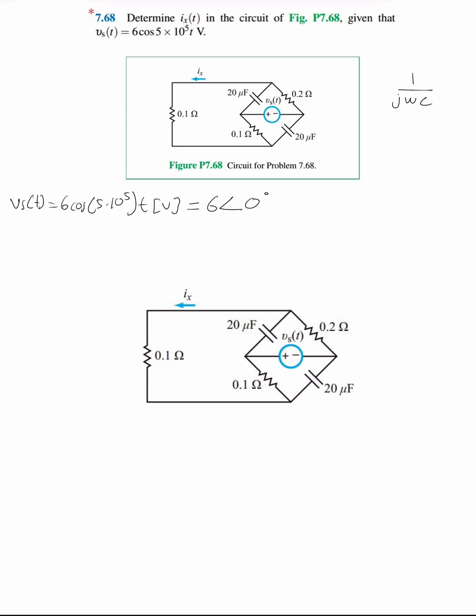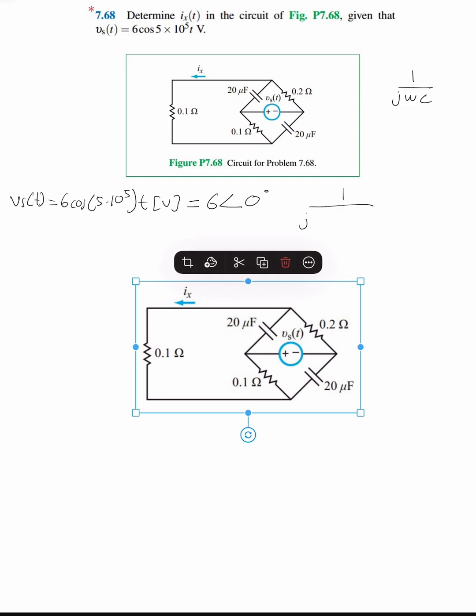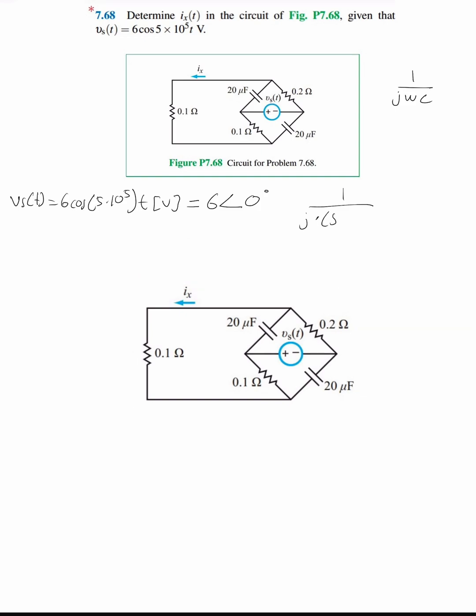So we're going to do 1 over j times 5 times 10 to the 5th times 20 times 10 to the negative 6 equals negative j times 0.01 ohms. So we're going to do that.